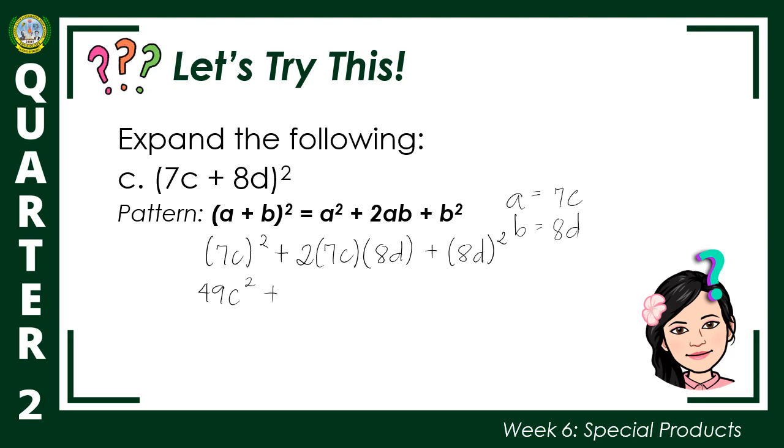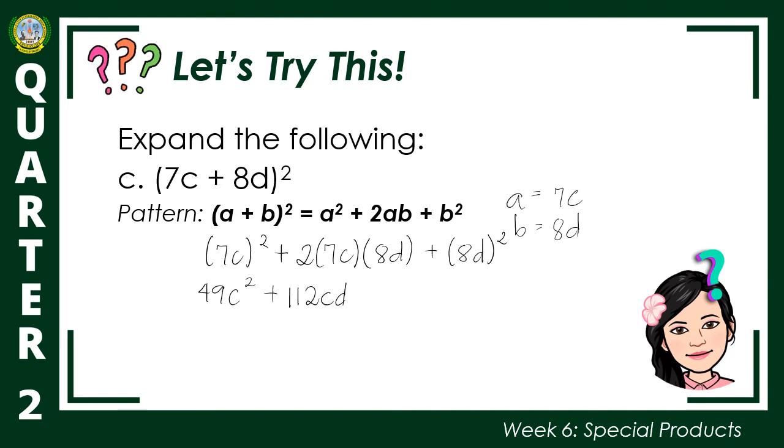Plus, 2 times 7 is 14. And 14 times 8 is equal to 112. And then after that, since dalawa yung variable natin, i-multiply natin sila, C times D. And since we cannot apply the product law here, we are just going to copy C and D. Ganyan lang, CD. Hindi natin pwedeng gamitan niya ng product law kasi magkaiba naman ng base.